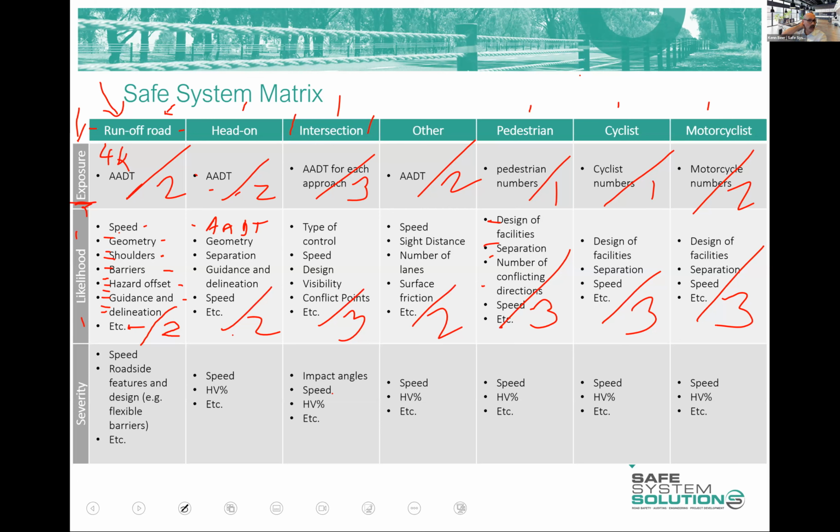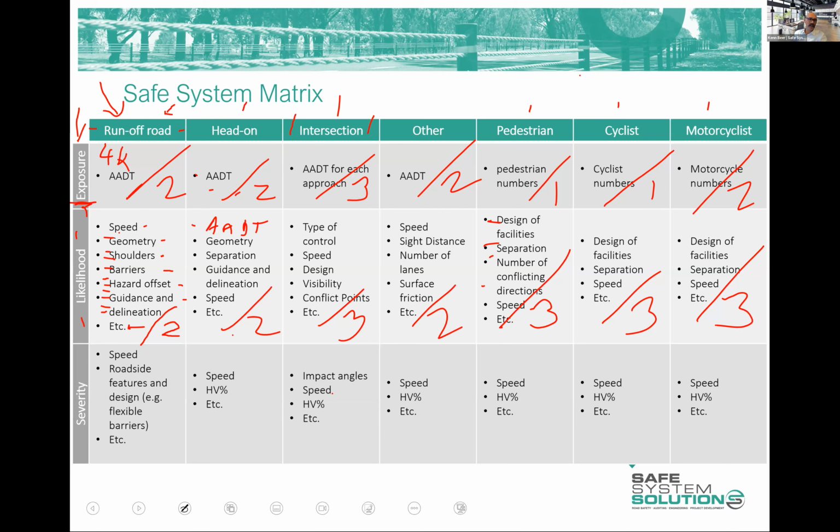Likelihood is quite subjective. You are using all of your knowledge and your skills and your judgment, thinking about all of these things and making a call on it. Severity is a mix. There's judgment, but you've got that graph to look at with the severity of injury.